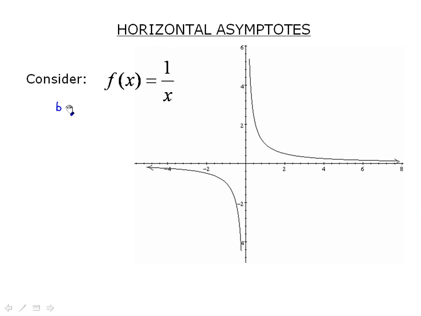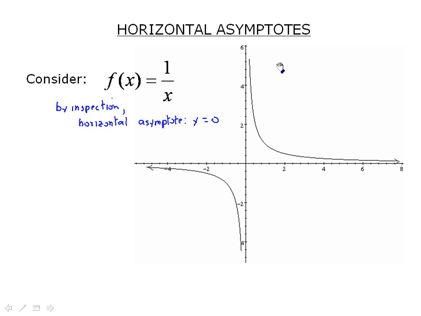So by inspection, the horizontal asymptote is y is equal to 0. In other words, the x-axis.